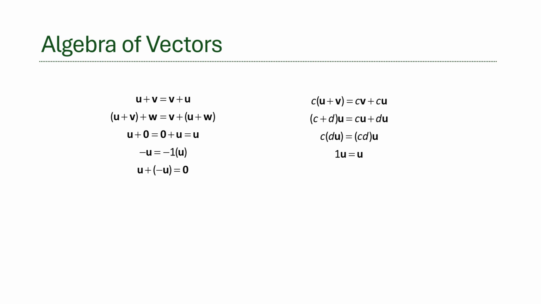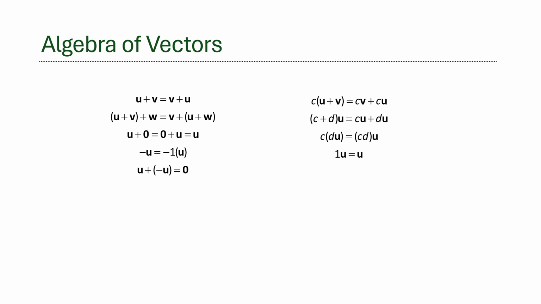It doesn't change anything. We're going to denote negative u, so kind of think of that in terms of subtraction, by negative 1 times the vector u. And if we add u to negative u, we get the zero vector. So now we have an arithmetic identity element. For every vector, there is another vector where if you add them together, you get 0.